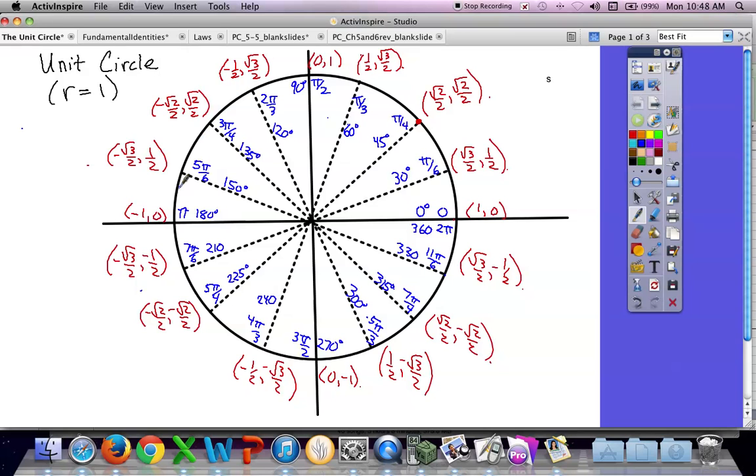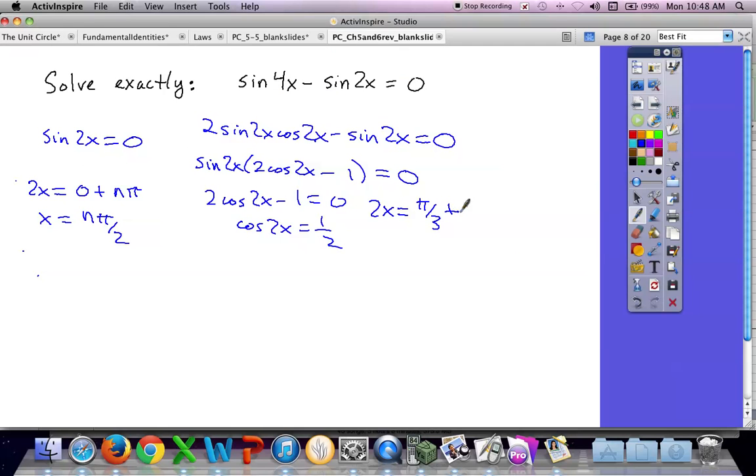So I have to say plus n times 2 pi. That's how often it gets back to the angle of pi over 3. But now I've got to divide by 2. So x equals pi over 6 plus n times pi. And the same thing goes for the 5 pi over 3. When 2x equals 5 pi over 3 plus n times 2 pi, and then divide by 2.